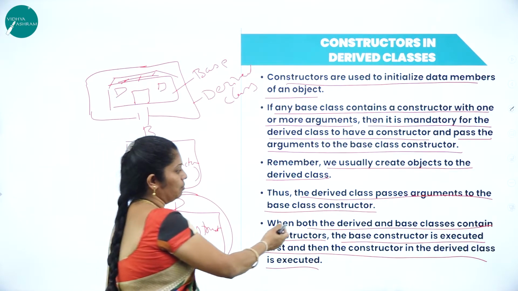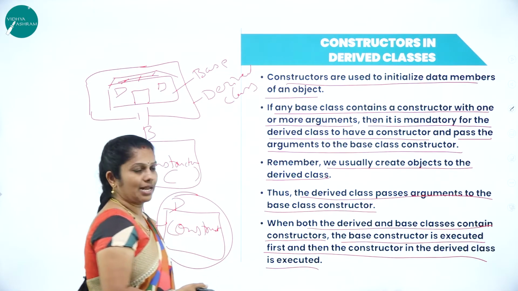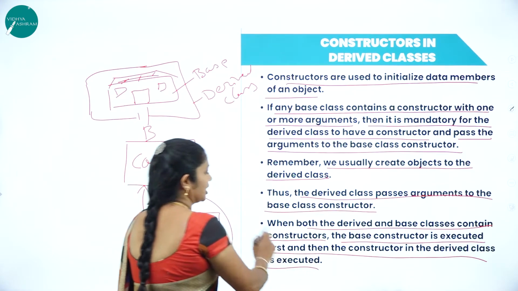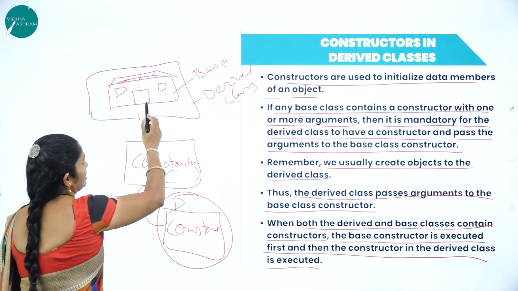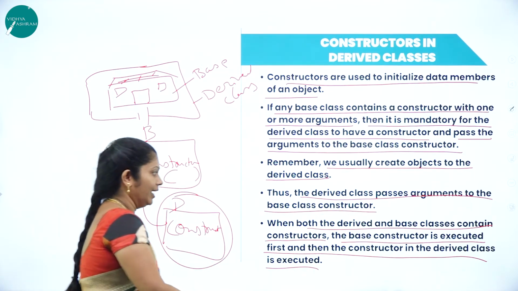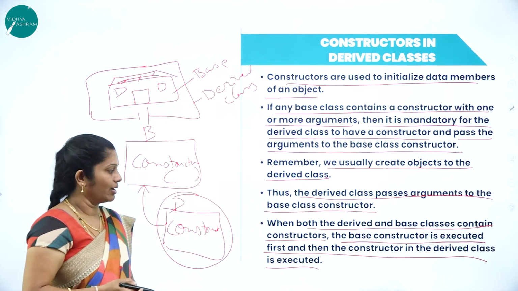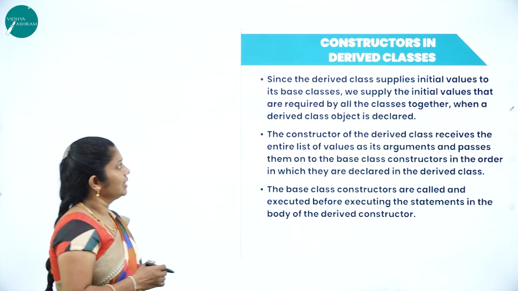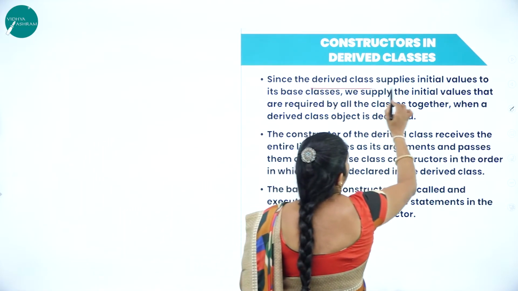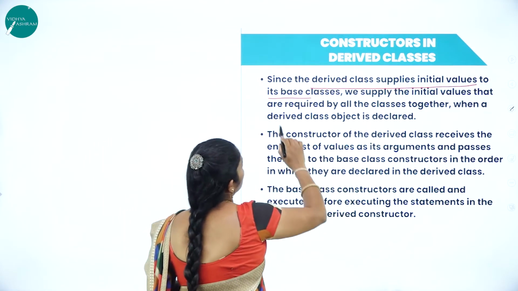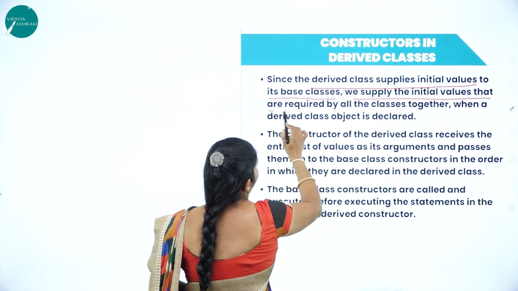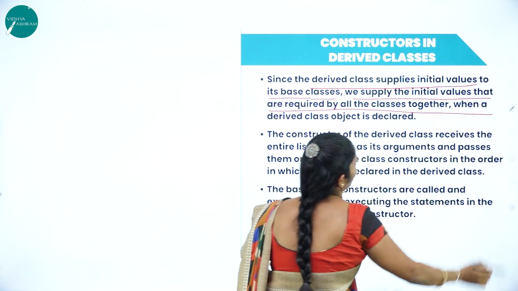Here, when we have both a derived class and a base class with constructors, the base class constructor is executed first. First, the base will execute. Then later the constructor in the derived class is going to execute. Is it clear? Since the derived class supplies initial values to its base class, we supply the initial values required by all the classes together.